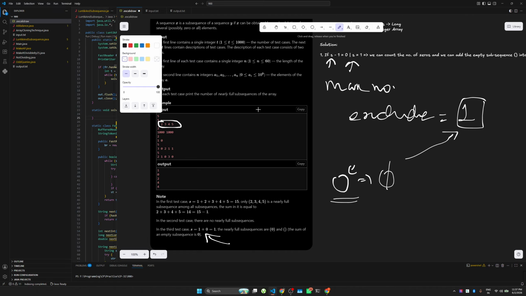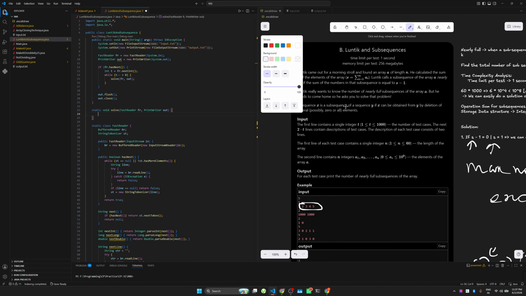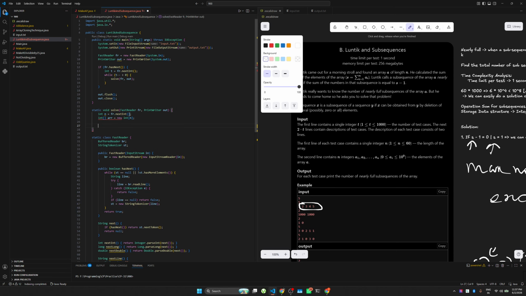So with this idea, let us count the number of ones that we are going to get. First, let me take the input n, then let me create this array. Then let me take the input real quick.